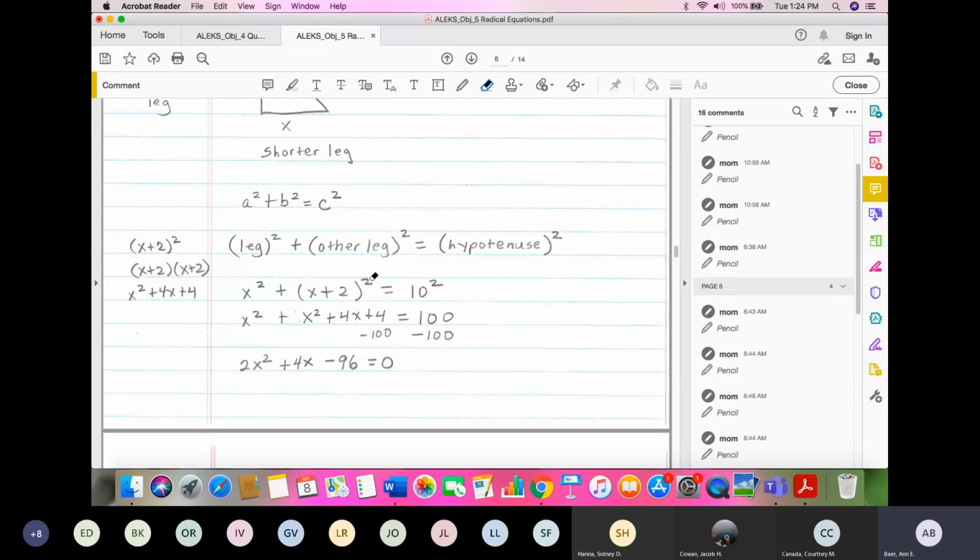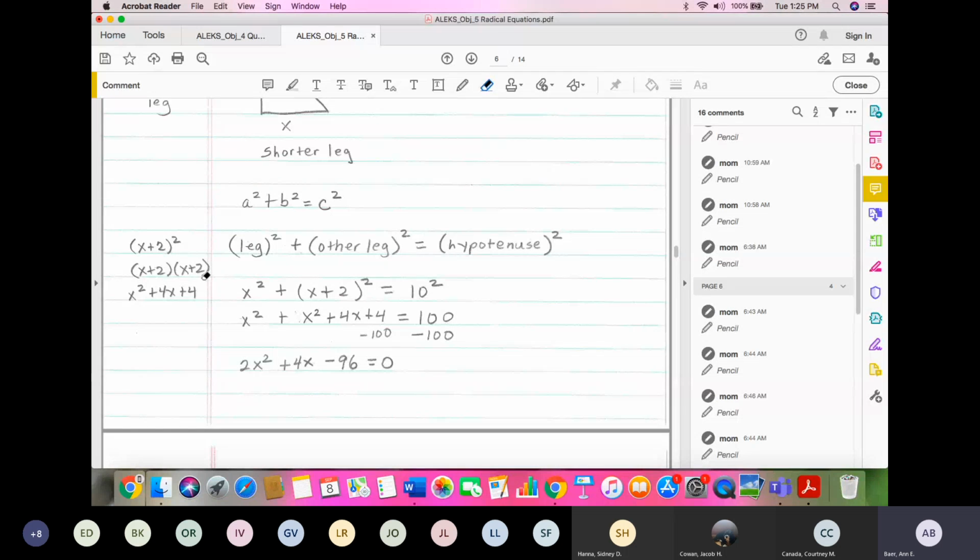This exponent of 2 tells us that we want 2 of these bases multiplied together. In other words, we want to take x plus 2 times x plus 2 right here. And we can FOIL because we have a binomial, 2 terms times 2 terms. That's the only time you can FOIL.